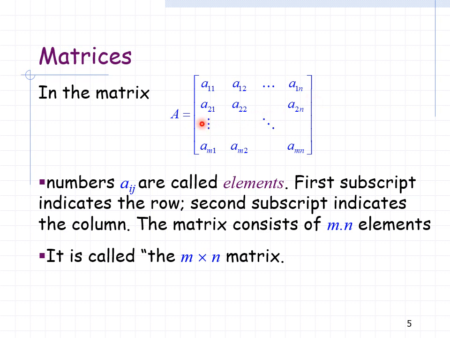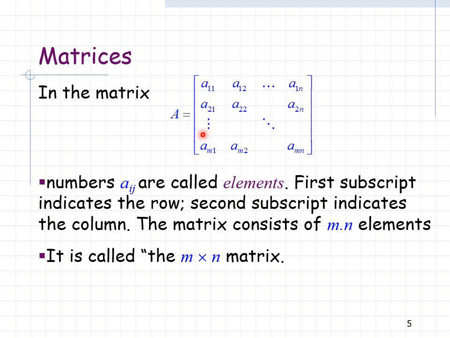Here a21, 2 for the second row, 1 for the first column, a22 for the second row, second column, then a23, a24, and so on, till we have am1, where m is the number of the row, 1 for the column.